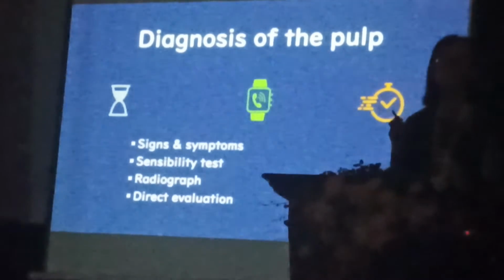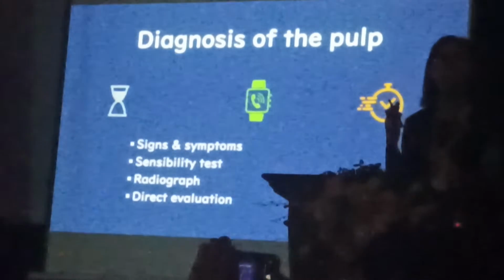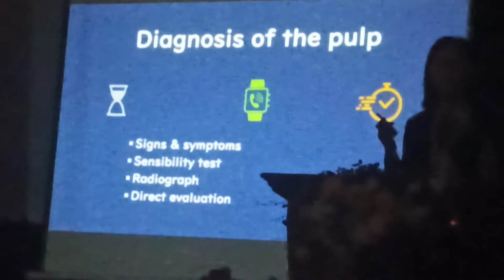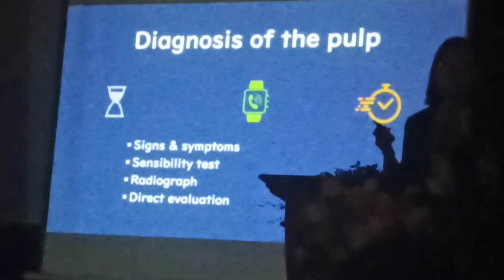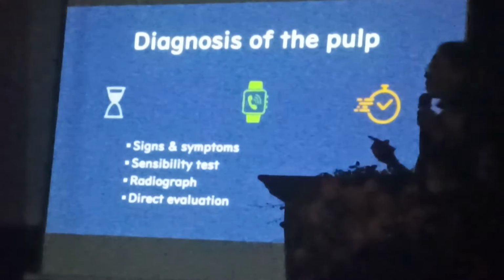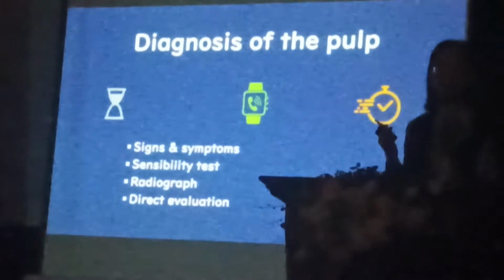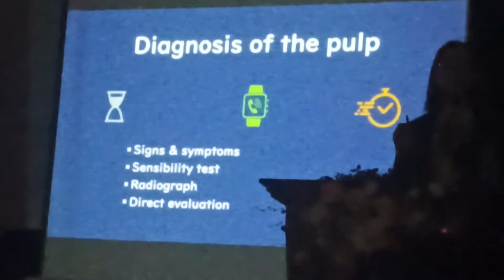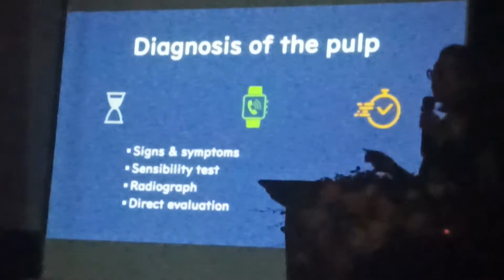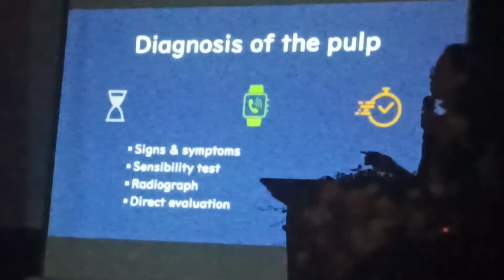We use sensibility tests like electric pulp testing, like EPT, or the cold test. And also radiographs are always a part of diagnosis, and direct evaluation, meaning getting in there and looking at the tissue. We're still doing the same thing, right?